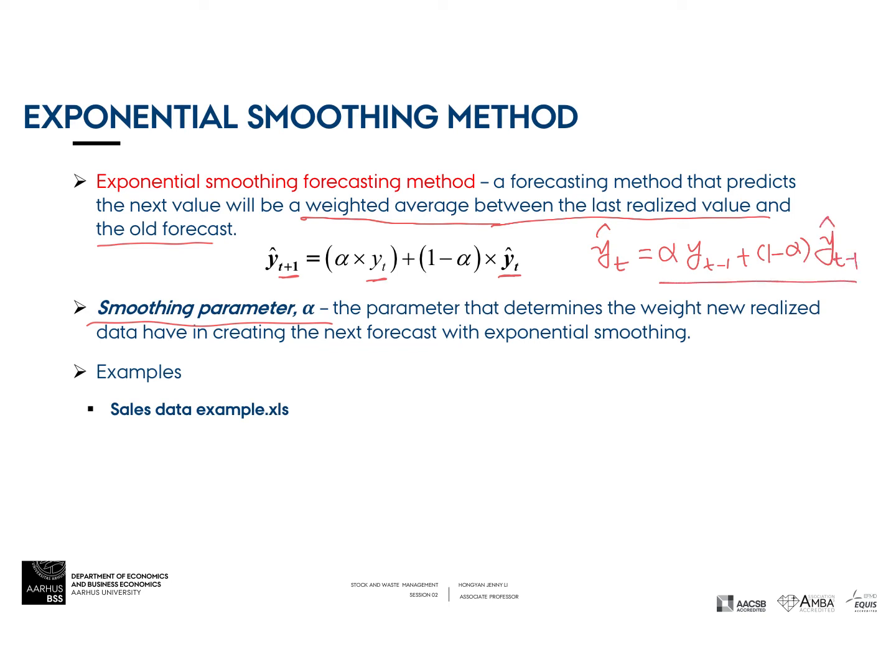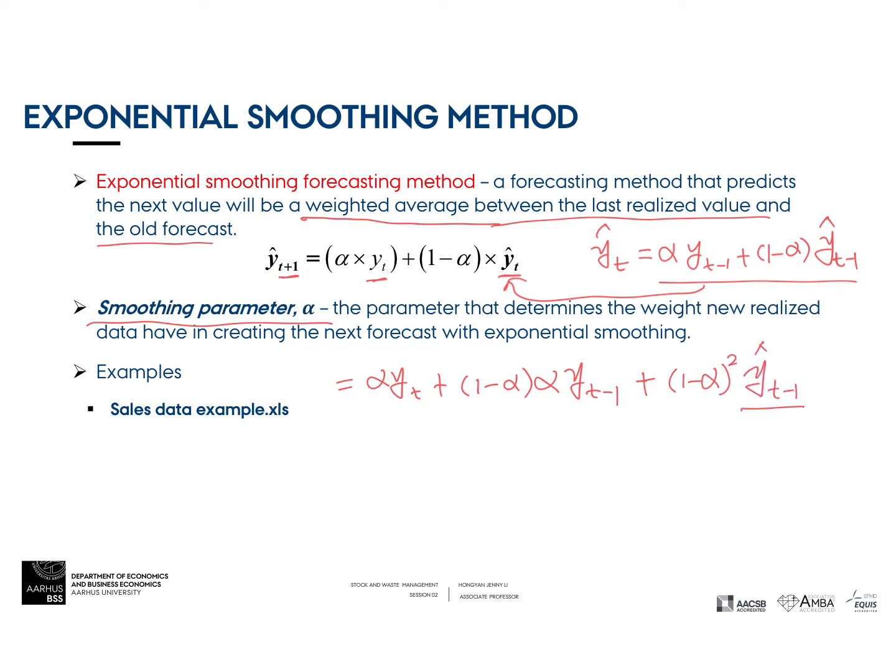If you substitute this value into the forecast formula, your formula becomes alpha y_t plus (1 minus alpha) times alpha y_(t-1) plus (1 minus alpha) squared y_(t-1).